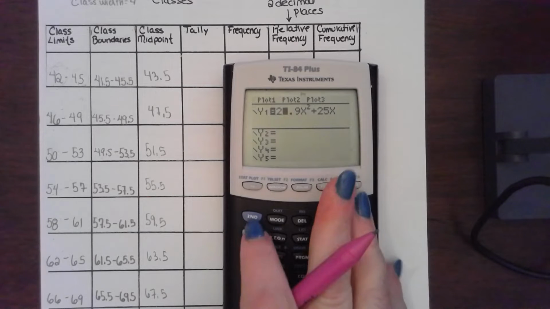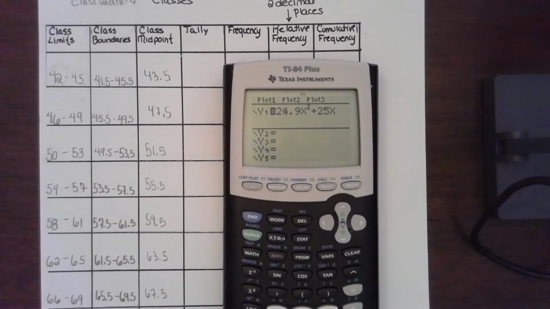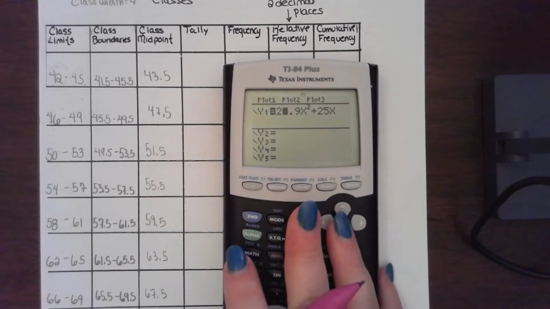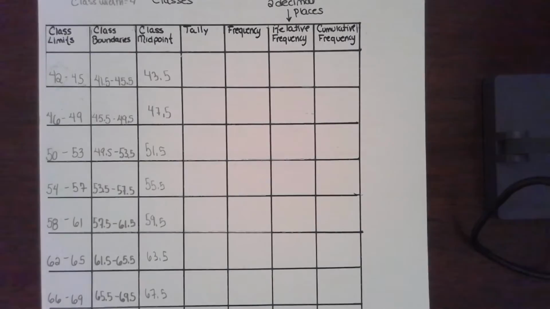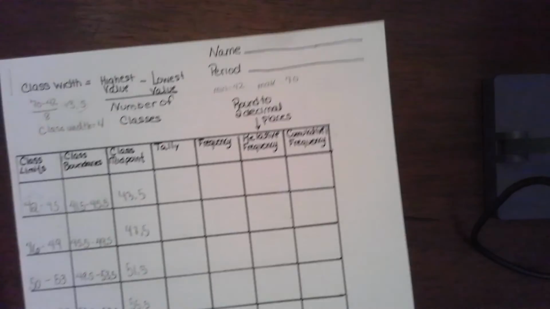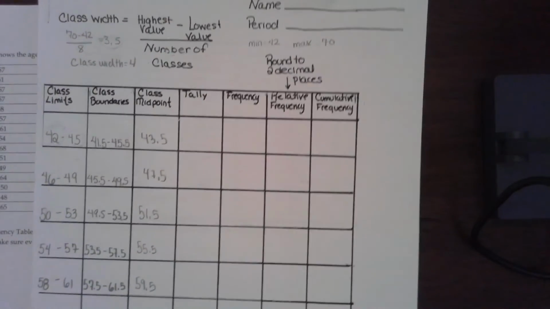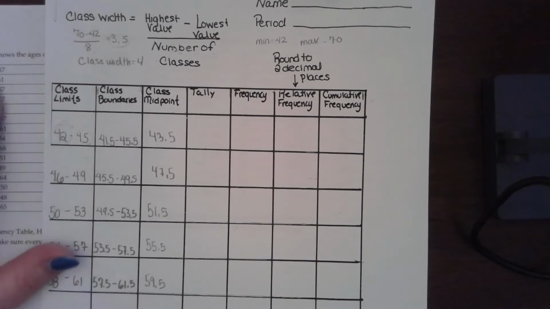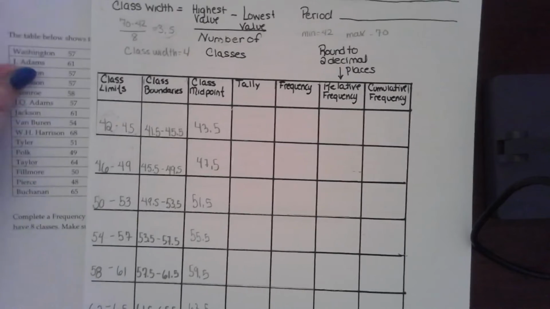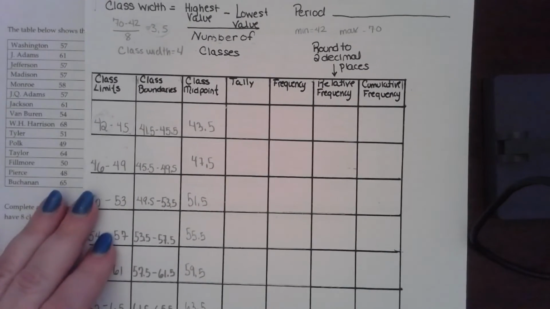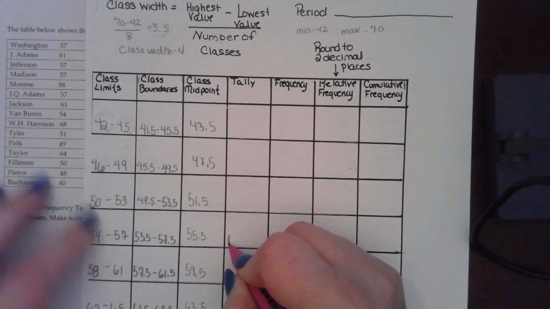So the next thing you're going to do is your tally marks. As I go through this list, I'm going to keep track of the tallies of each one of the presidents. So I'm going to start with this first one. I have 57 as my first. George Washington was 57. So we're going to put a tally mark right here.